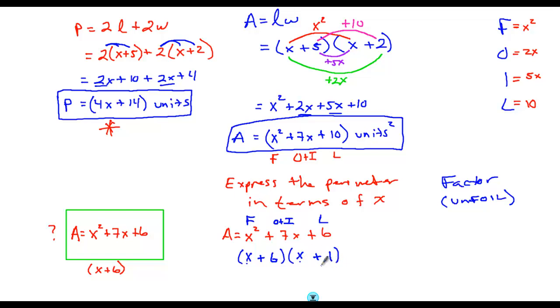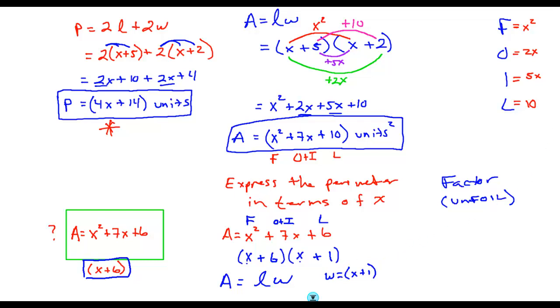Now that was kind of a long way to do, because if you would have remembered over here, your length is x plus 6. And I know that area equals length times width. So I really already knew the length was x plus 6. So I wouldn't have had to do the 3 and the 2 if I had been thinking ahead. So the width here is x plus 1. So the width equals x plus 1.